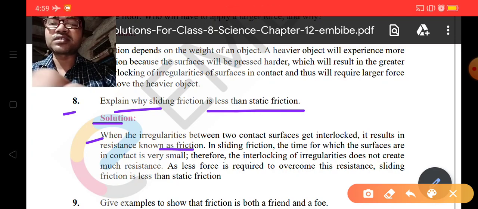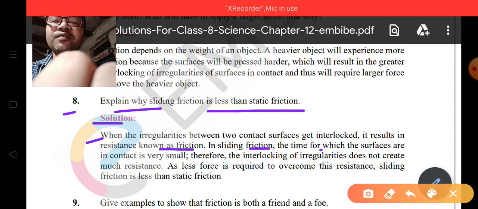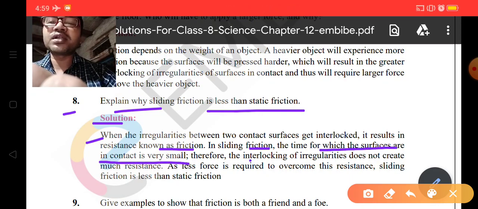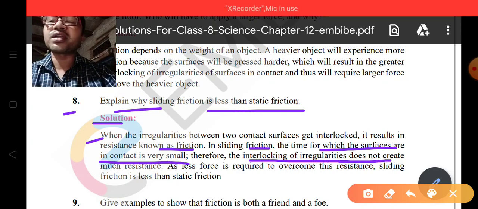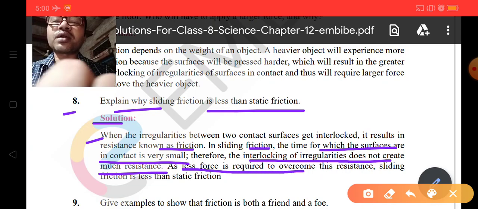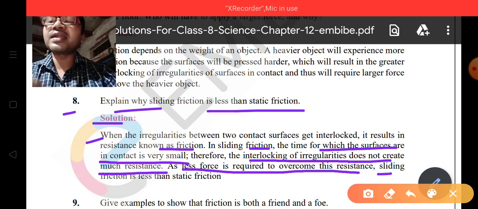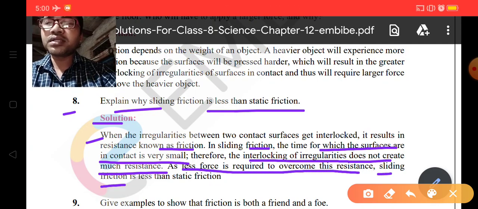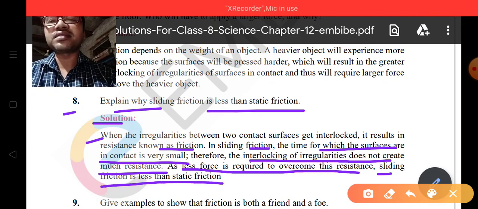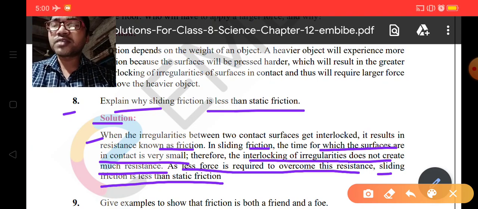In sliding friction, the time for which the surfaces are in contact is very small, and therefore the interlocking of irregularities does not create much resistance. Less force is required to overcome the resistance. Sliding friction is less than the static friction. So the explanation is given here.